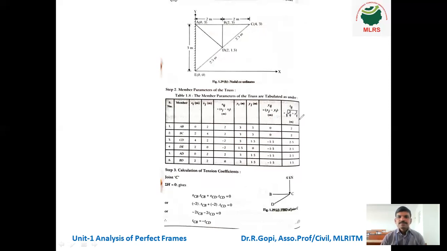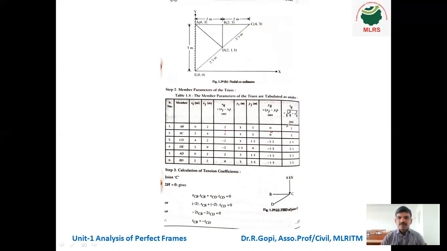Next, the length. This is the formula: root of xij square plus yij square. For AB, xij is 2 square and yij is 0 square, so root of 2 square plus 0 square is root of 4, which is 2.